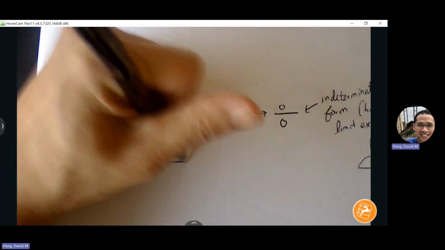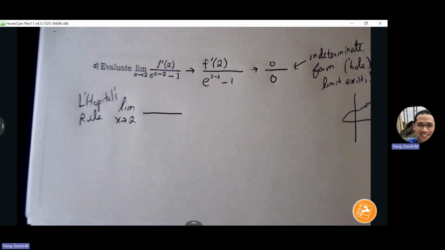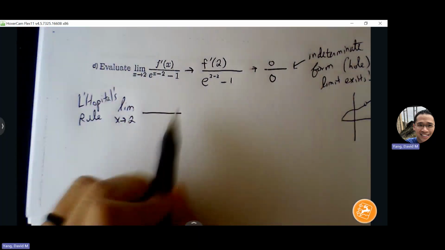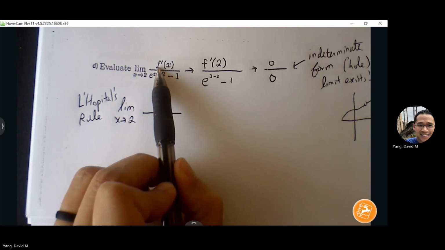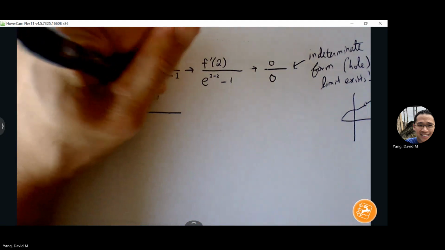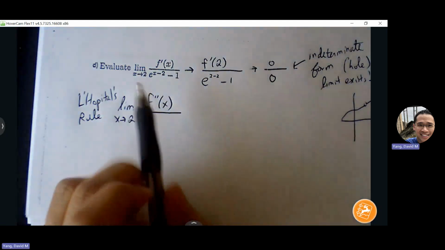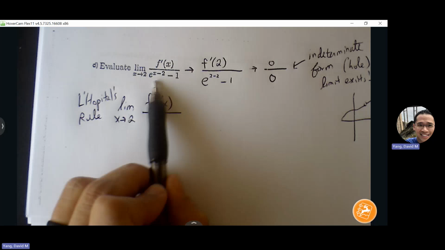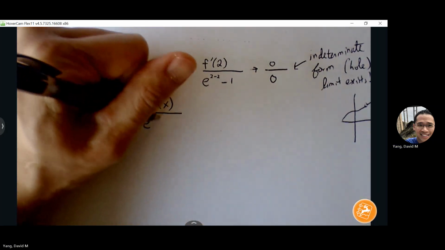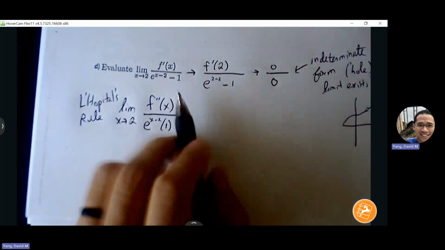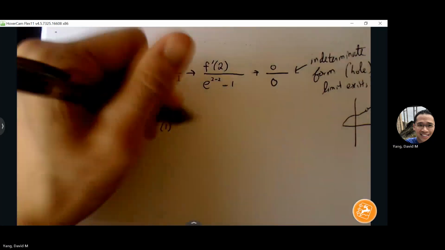L'Hopital's rule says I can take the derivative of the numerator and the denominator separately and then evaluate again. So what's f prime's derivative? And then what's e to the x minus 2's derivative? Times 1. Good. E to the u times u prime. And then the minus 1 goes to a 0.